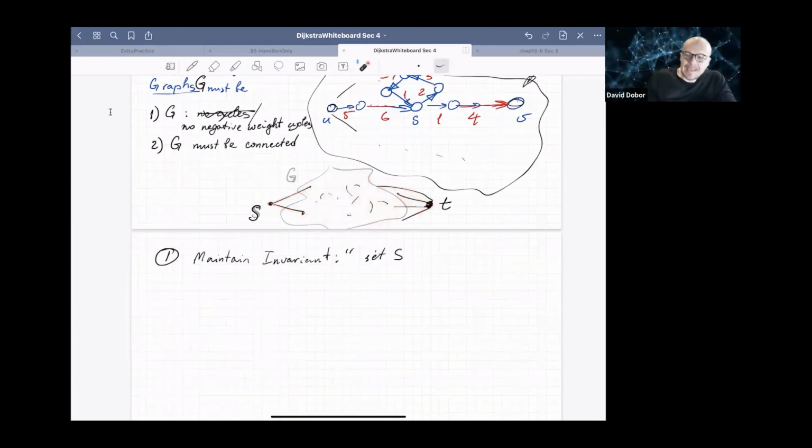So this set S will have all the vertices whose distances from the source vertex, small s, is known.